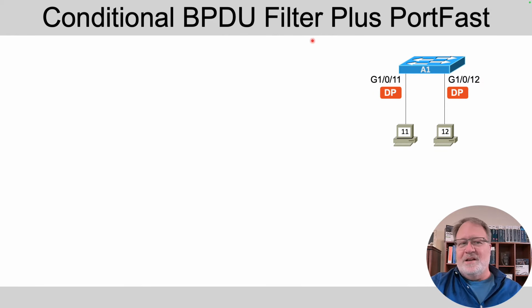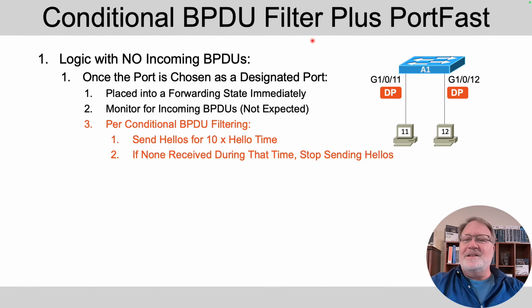So just to see it in slides, when you combine port-fast with conditional BPDU filtering, as usual, the port's chosen as designated. It gets into forwarding state. It monitors for incoming BPDUs that we don't expect to get, but per the conditional BPDU filtering, hellos are sent for only 10 iterations of hello time, and if no incoming BPDUs are received during that time, the switch stops sending hellos on that port.